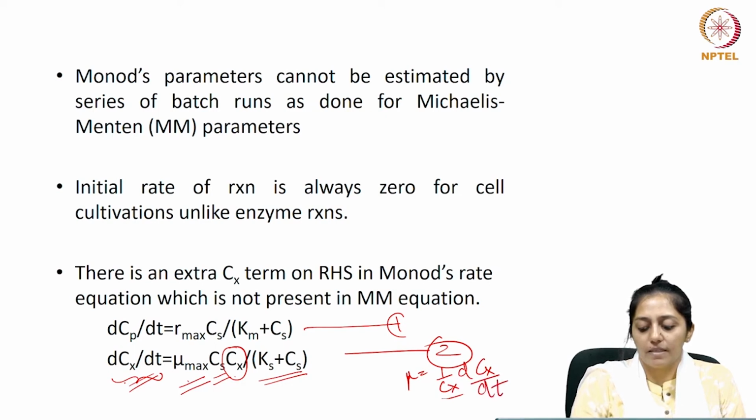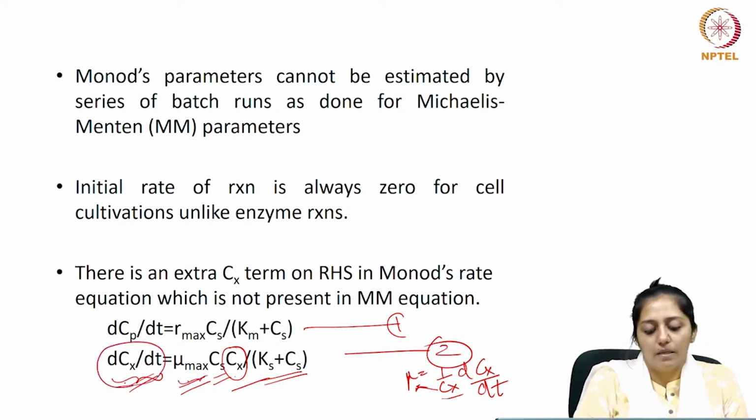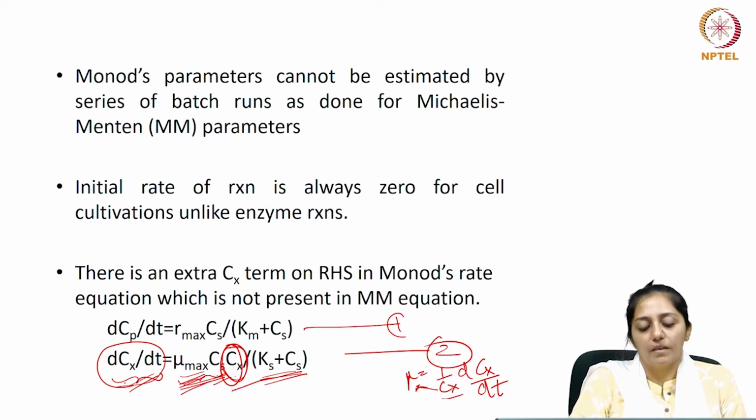So this Cx has been taken to the other side. So if you now compare the Michaelis-Menten equation, which is the rate of reaction, the maximum rate multiplied by the substrate concentration by Ks plus Cs, there is an extra Cx term which is not there in the Michaelis-Menten equation. So this is how they are different.